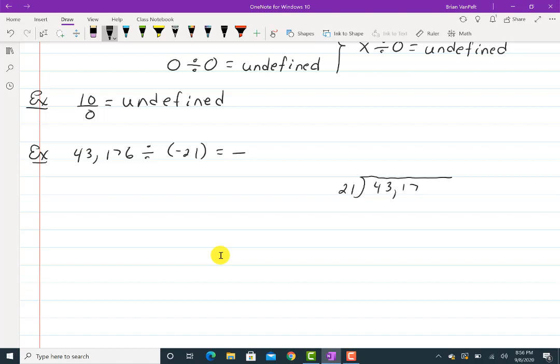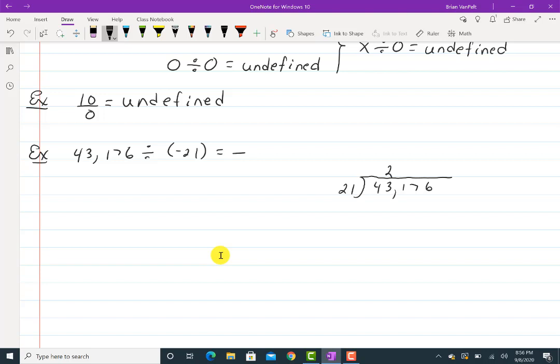So let's go through the steps, and part of this is to remind you how to work such problems. So as we work this thing, 21 goes into not 4, but it goes into 43 twice. So I'll put a 2 right above that 3.